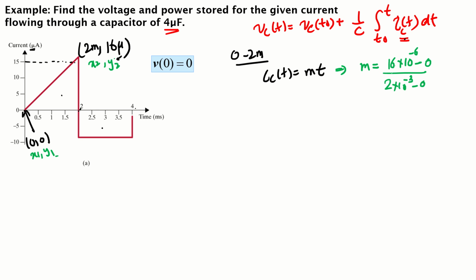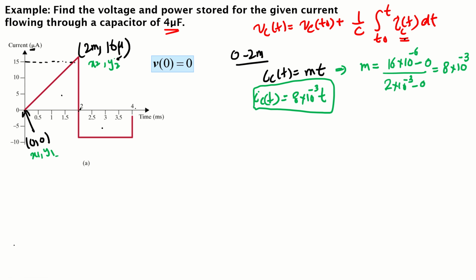So 16 divided by 2, that will be basically 8. The 10 power minus 3 will go on top, so it becomes plus 3, multiplied with 10 power minus 6, it will become 8 times 10 power minus 3. So it means our slope is this one. So our current function will be basically slope multiplied with t for 0 to 2 millisecond.